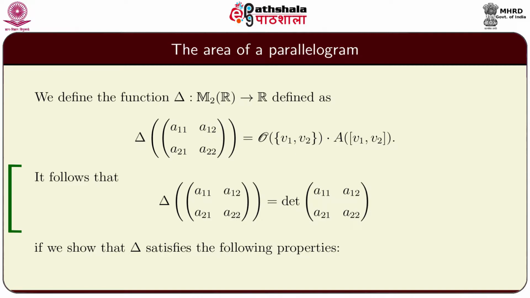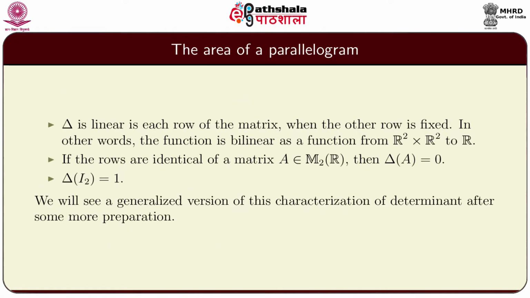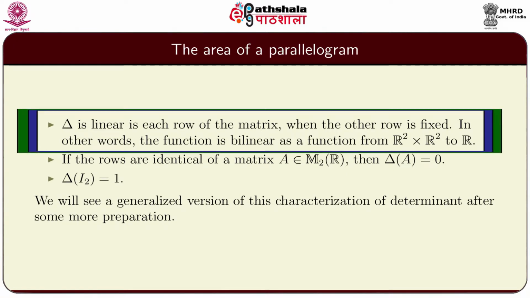We will be able to prove that delta is nothing but the determinant function on M2R if it satisfies the following properties: that delta is linear in each row of the matrix when the other row is fixed.